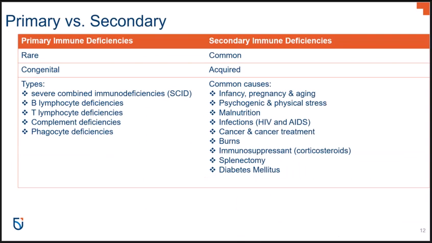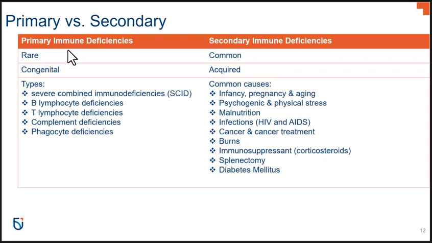We're going to start by looking at primary and secondary immune deficiencies, some of the differences, and then the different types that exist. Most primary immune deficiencies are the result of a single gene defect. That's a term we learned about in our genetics lecture. Generally, the mutations are going to be sporadic rather than something that they've inherited. The mutations occur before birth.